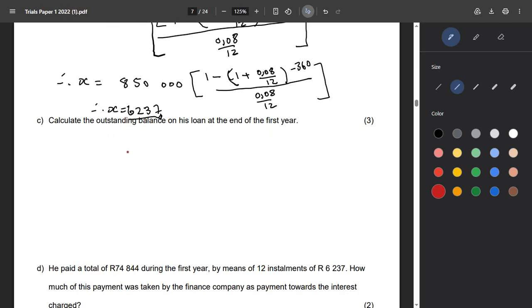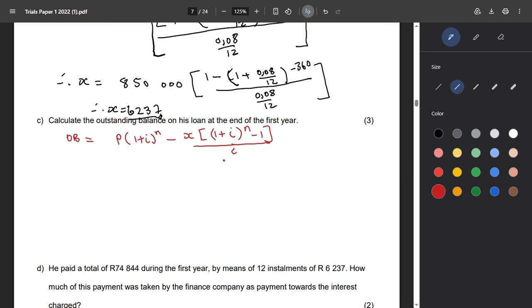The formula for outstanding balance goes like this. OB equals P into 1 plus i to the power n. Then you subtract X into 1 plus i, to the power n minus 1, everything divided by i.